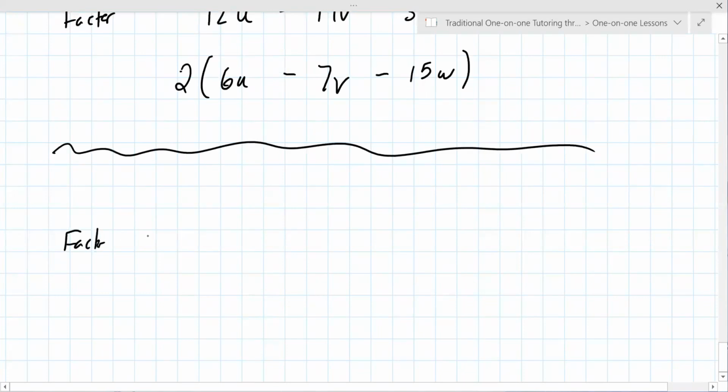Factor 36x minus 12y plus 18z. And again, your list is 2, 3, 5, 7.